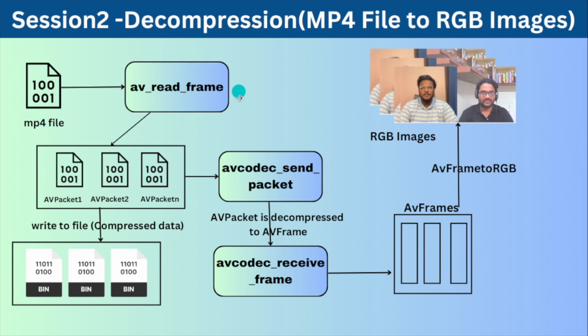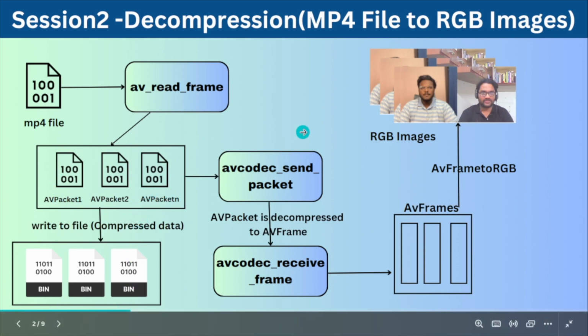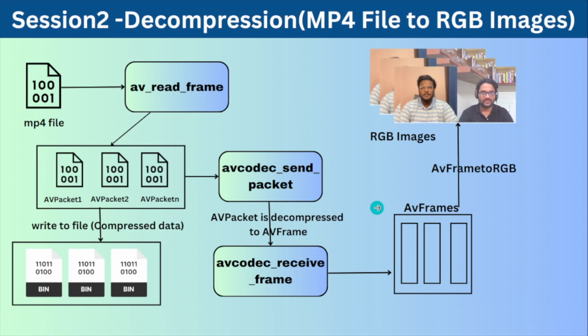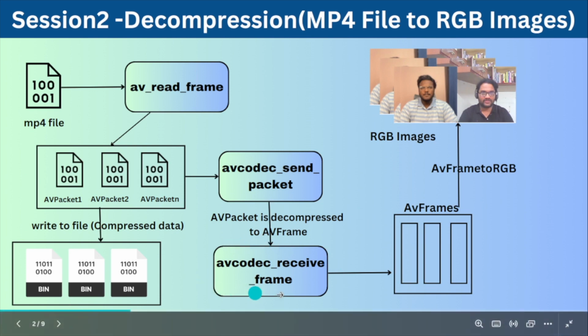We use the FFmpeg APIs, av_read_frame, and while reading the frame we get the packets, and those packets, just for testing purposes, we write into a file. After we get the packets, we decompress them and get the actual data, with the help of avcodec_receive_frame. So these AV frames are written to RGB images.